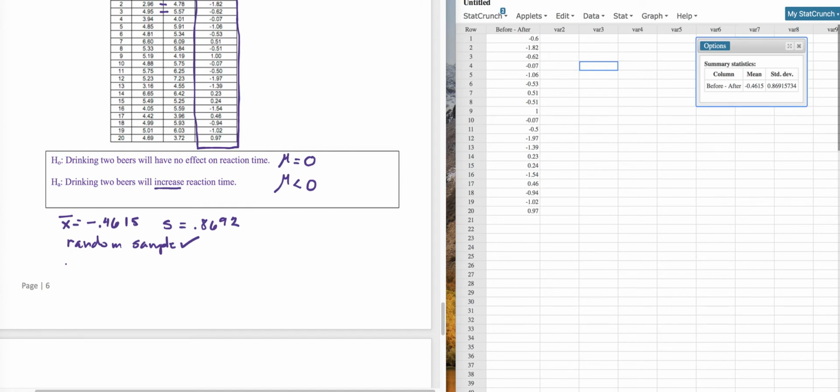Okay, and now is the requirement about our sample size. So I'm going to write that n equals 20, but the histogram of my sample data isn't highly skewed and shows no outliers.